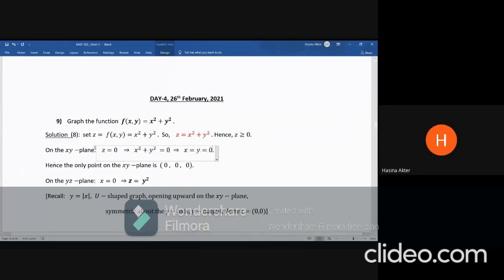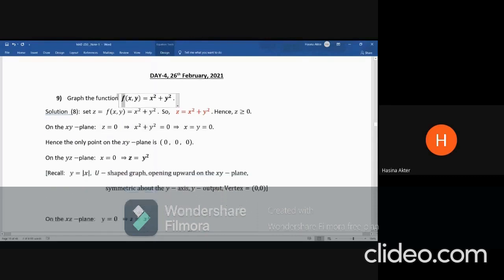That means the only point on the xy plane is the origin. And since z is greater than or equal to 0, the graph of this function, which will be a solid, will be above the xy plane, with only the origin on the xy plane.